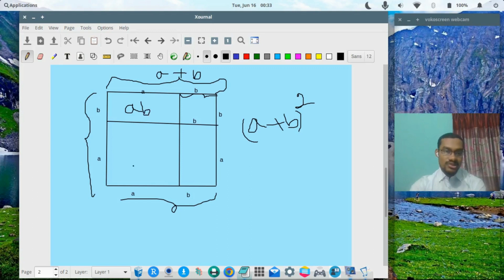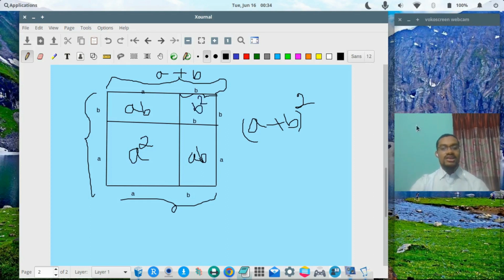This one is a square with both sides a, so its area is a². Likewise, this rectangle is again ab, and the area of this part is b².